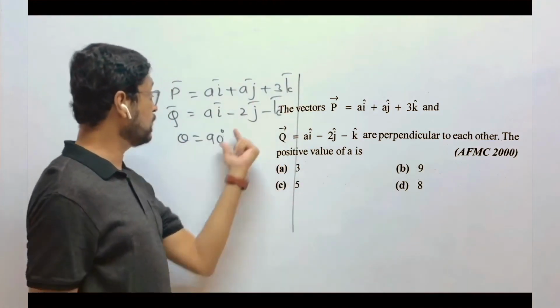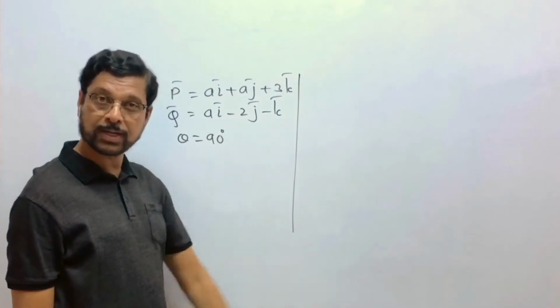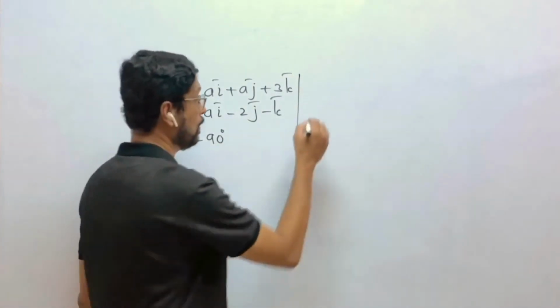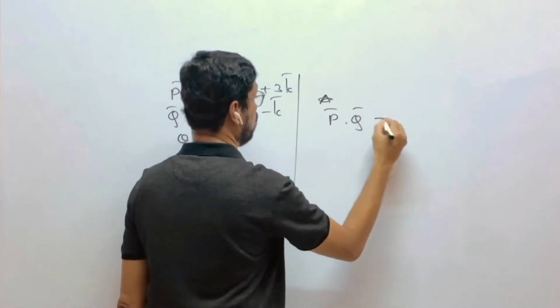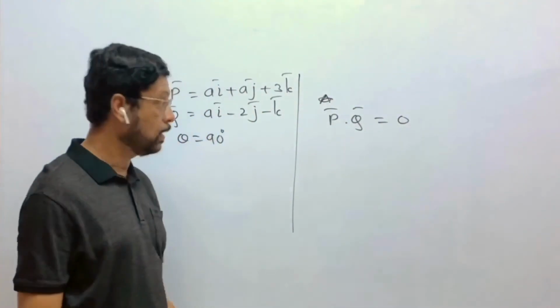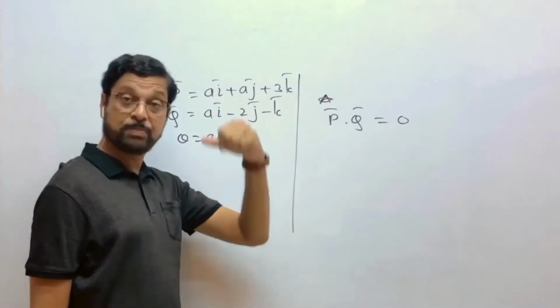The two vectors are perpendicular to each other, means their dot product is equal to 0. So P dot Q is equal to 0. P dot Q will be Px Qx plus Py Qy plus Pz Qz.